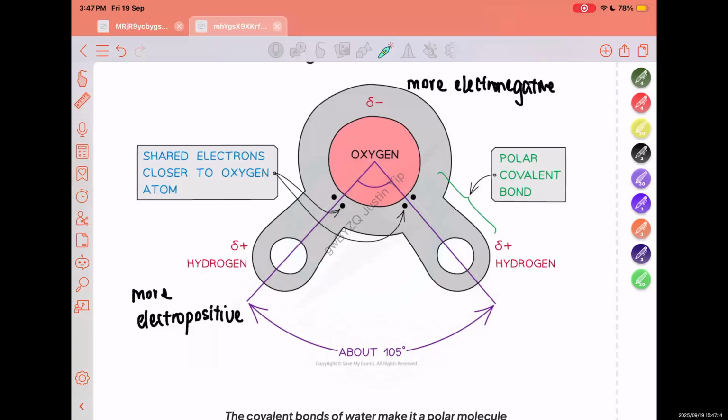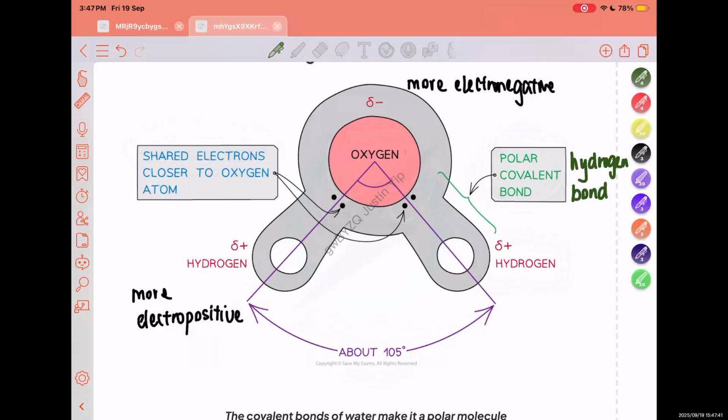So your shared electrons are nearer to your oxygen atom. Why? Because of what you will learn in chemistry called lone pairs. This is one lone pair. This is another lone pair. Then you form a polar covalent bond between hydrogen and oxygen, and this is what we know as hydrogen bond.